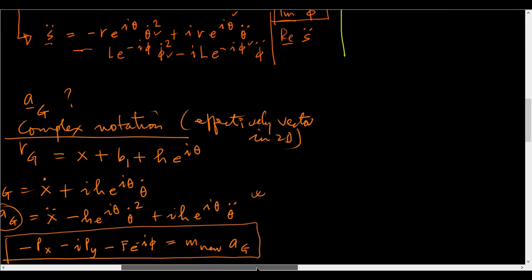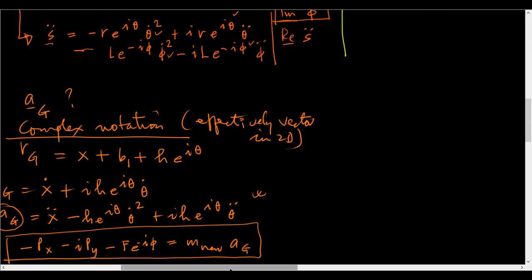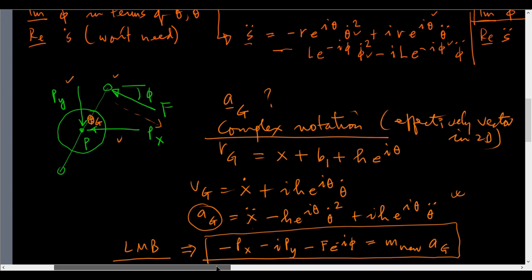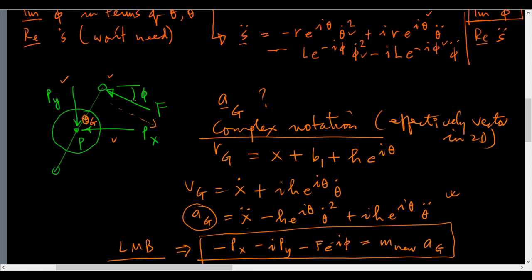Okay, the cross product is a little harder, so we have to do it. The cross product comes from this term in the angular momentum balance equation, but the way it is written, it is easy for you to write, so I will not write the whole thing again. This force is at an angle phi, this is at an angle theta. You have to sort out the perpendicularness.